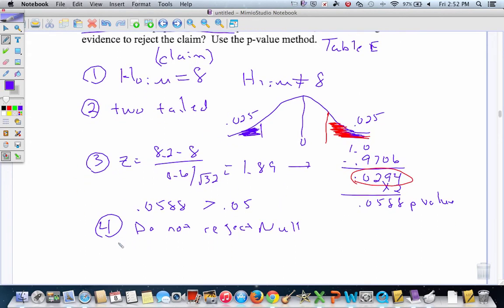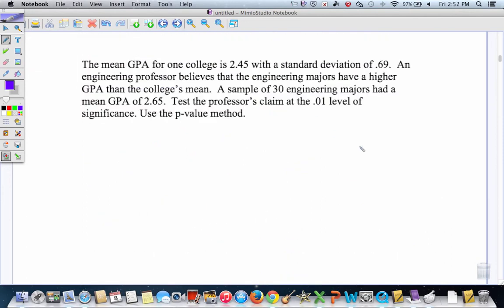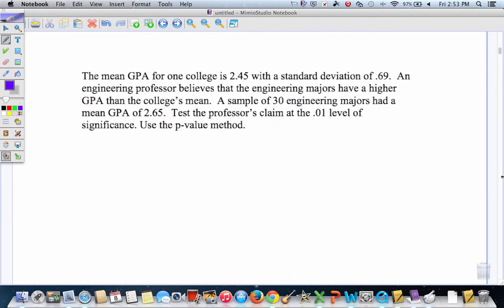And finally here to finish things off, since we did not reject the null, and the null is our claim, the null is true, which means the claim is true, so there is enough evidence to support our claim. There's a two-tailed test with our p-value method.